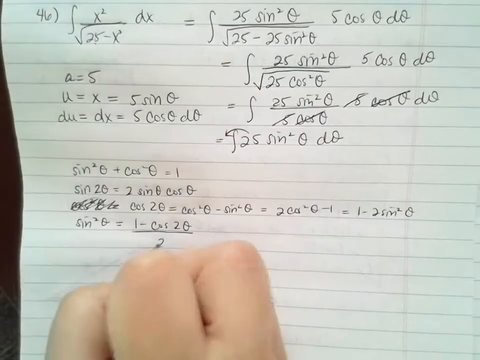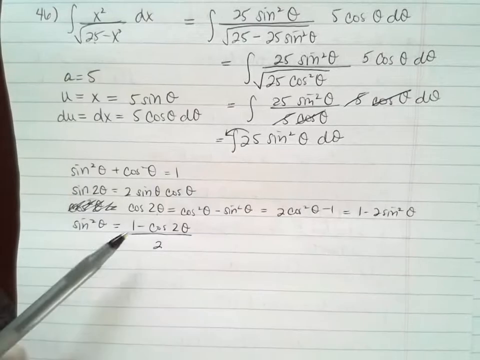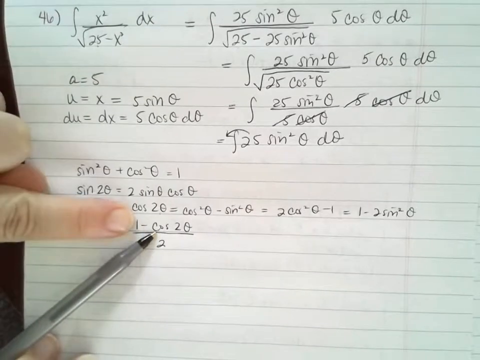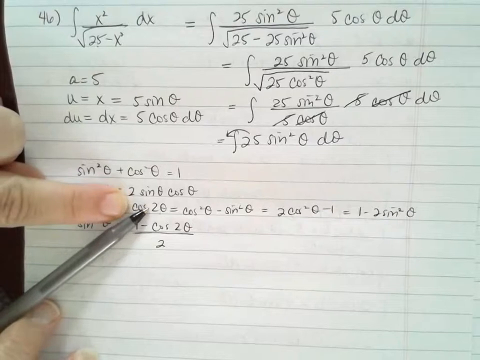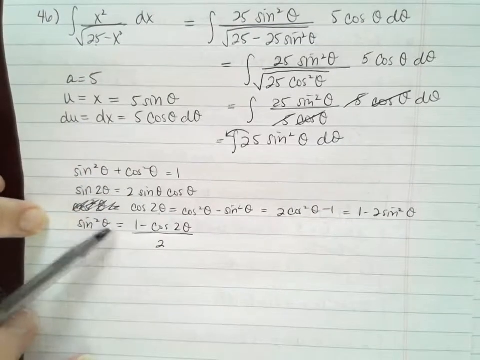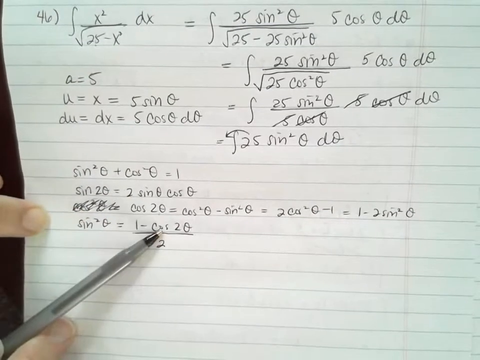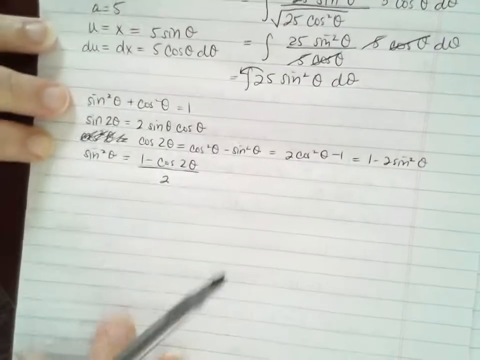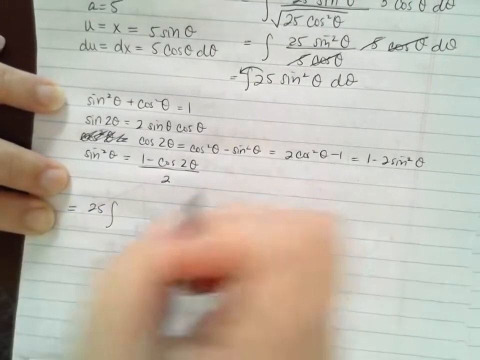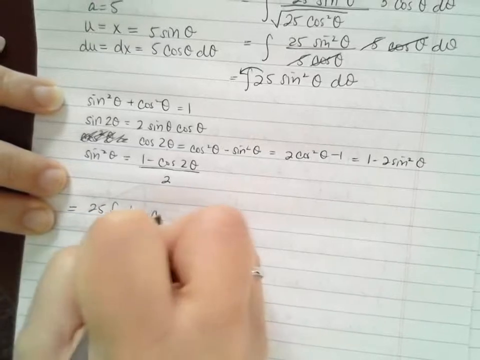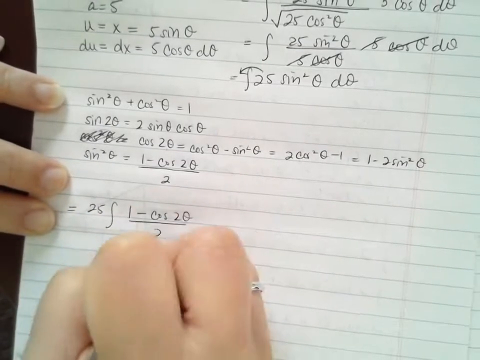over 2. Now you can see that if it introduces a double angle, then this step prior will be necessary. But I can substitute out a sine squared for a regular cosine, which is something I am going to want to do. Sine squared is going to become 1 minus cosine 2 theta over 2 d theta.